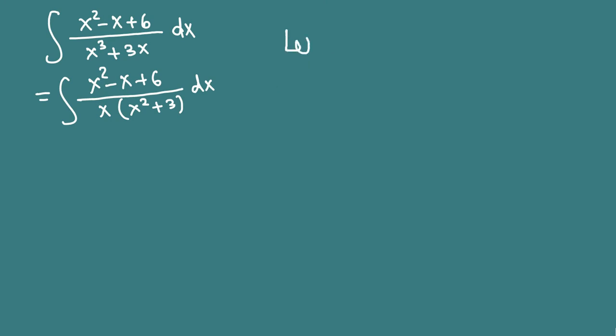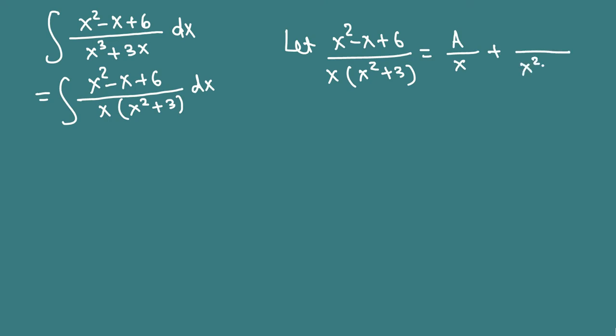The x is a linear factor, so constant on the top, plus x squared plus 3 is the degree 2 factor. This is irreducible.